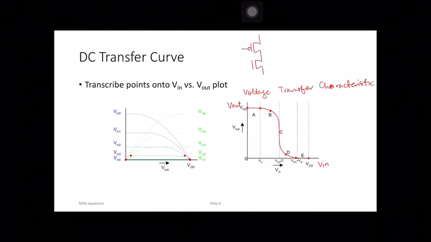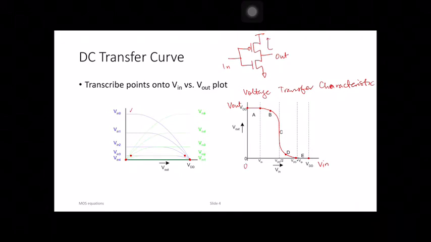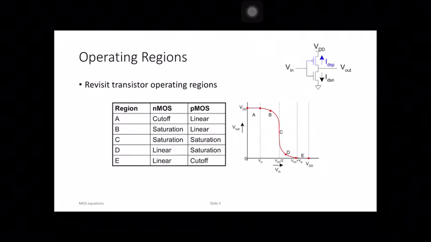For the inverter, if Vin is 0, Vout will be VDD, because the PMOS is on, so the output will be pulled up. So this will be active. At each point you can transcribe these Vin and Vout points to the voltage transfer characteristic curve.